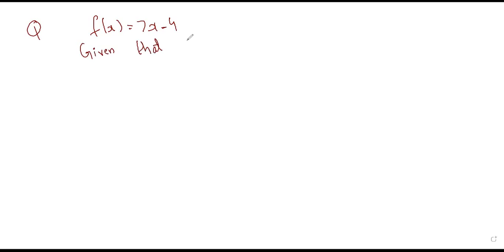Given that f of 4 is k plus 3, find the value of k. Yes, so I want both of you to try this and let's see if you are able to get the correct answer or not.